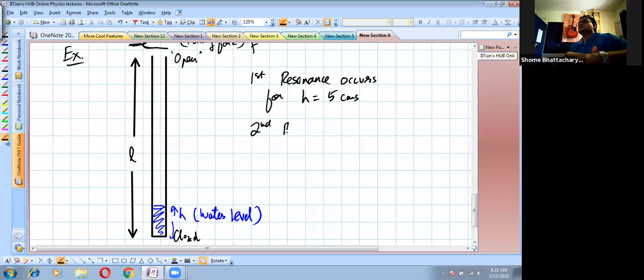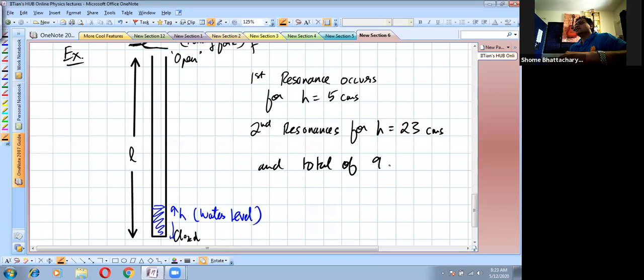The second resonance for the height being 23 centimeters, and a total of 9 resonances are observed.